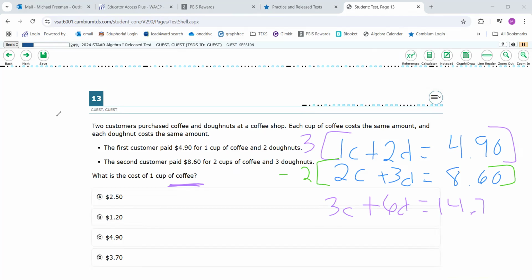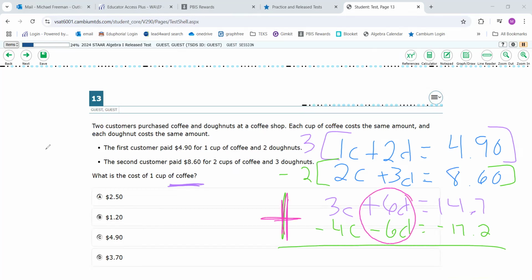So I'm going to multiply this entire bottom equation by -2. I get -4c minus 6d equals 8.6 times -2 is -17.2. So now when I combine my equations, my donuts eliminate, which was the whole point.